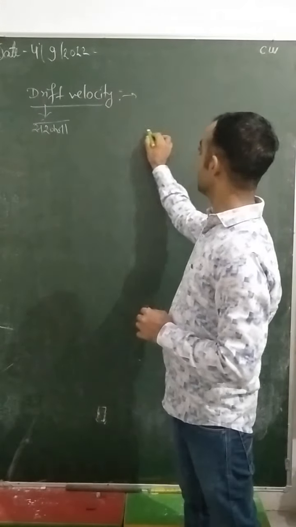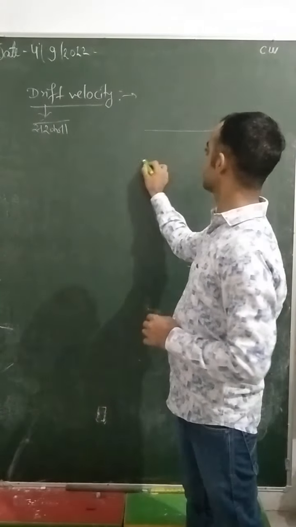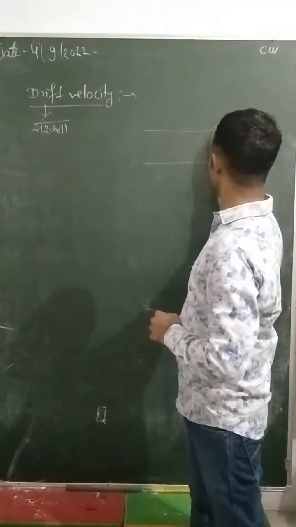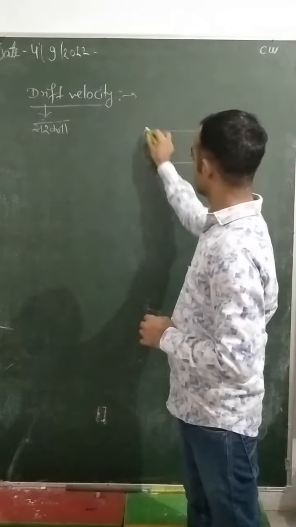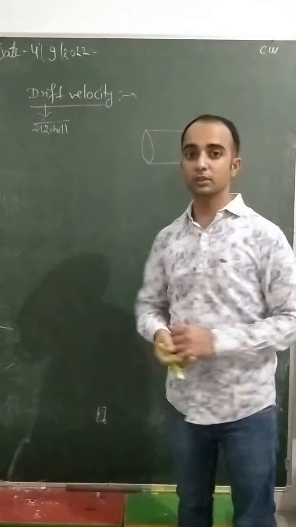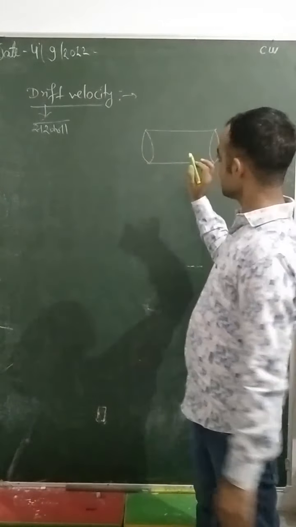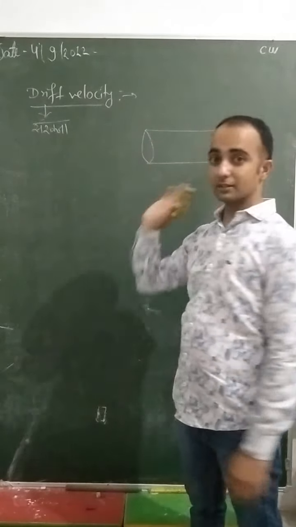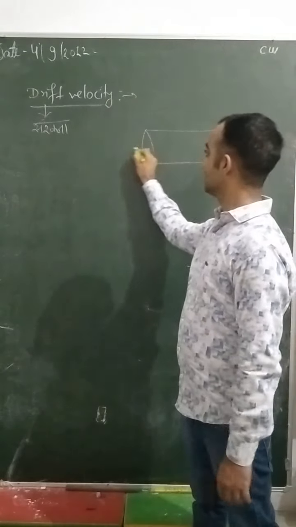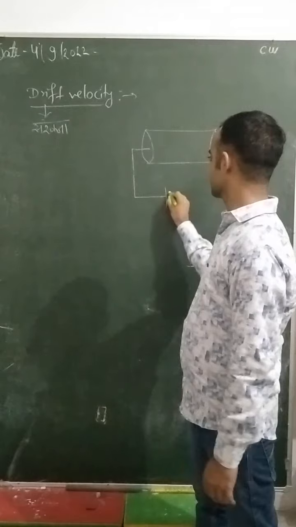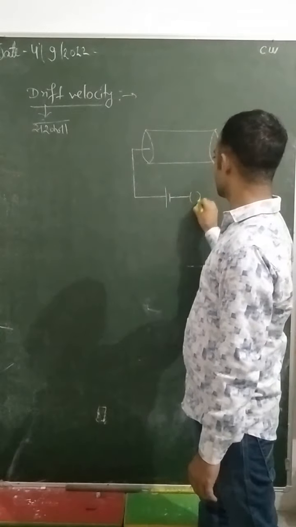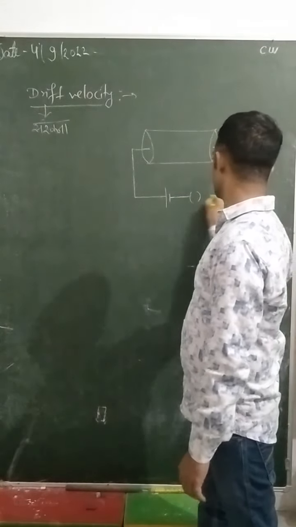When electrons move in a conductor, so this is our conductor, and electrons will move through this conductor and make an electric current. So if we apply some potential difference, then the electrons will move in a particular direction. To apply a potential difference, we connect it to a cell.